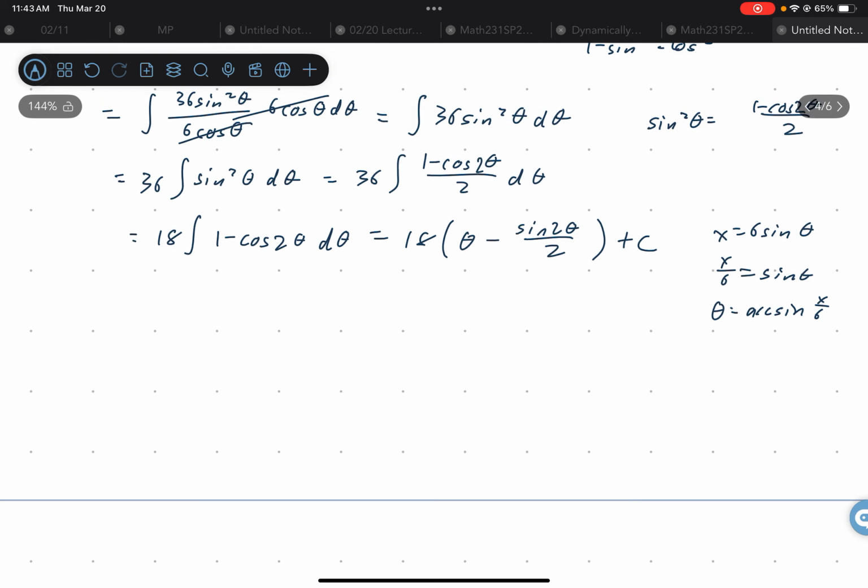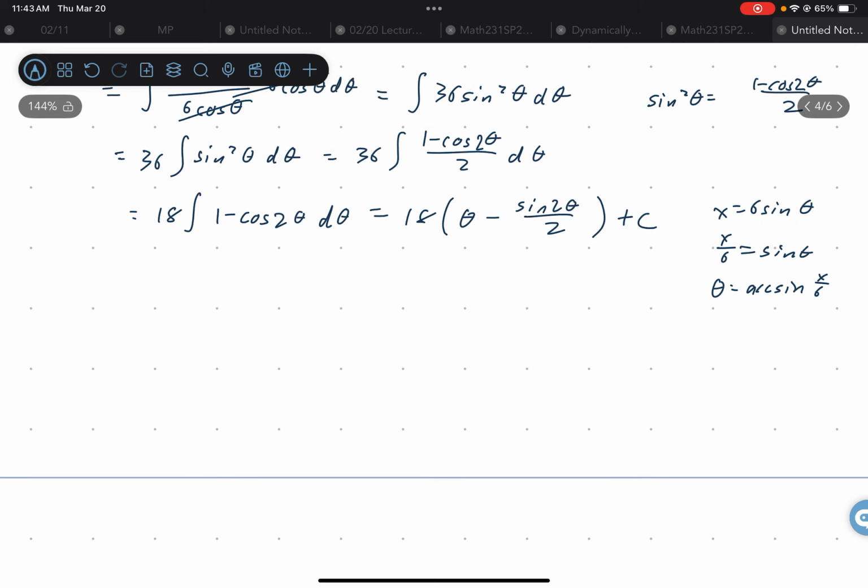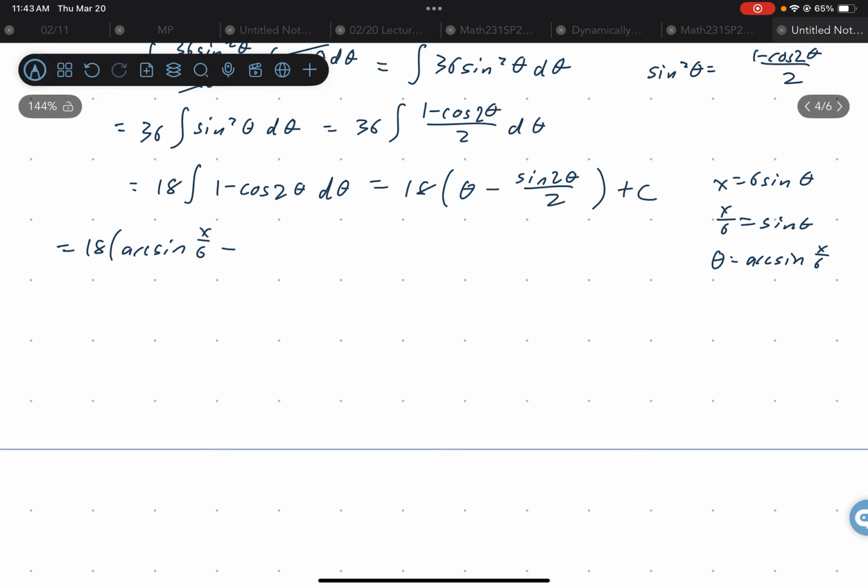Okay. So now let's go over here. That equals 18, and then we'll simplify the first part: arc sine of x over 6, and then sine 2 theta over 2 plus C. So now we still have this theta up here in the sine 2 theta, and it is a bit weird.